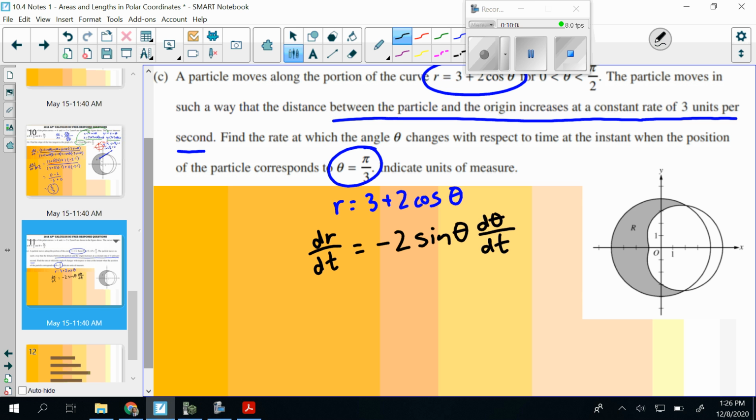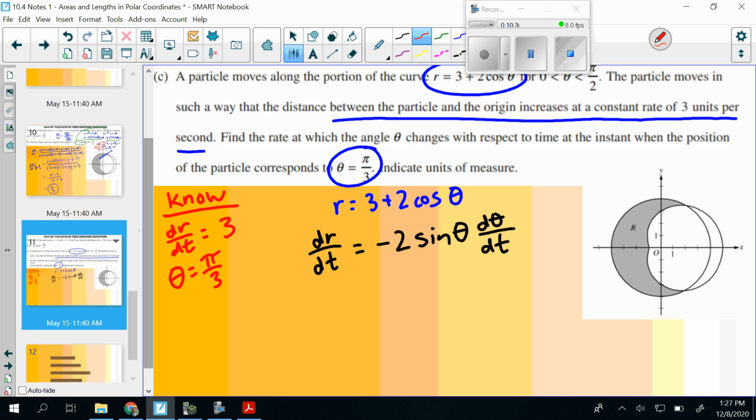If you want to go through and do this how we did with our know and show, what we know here is that dr/dt is 3. And we also know that theta is pi over 3. So we should be able to substitute those pieces of information in.